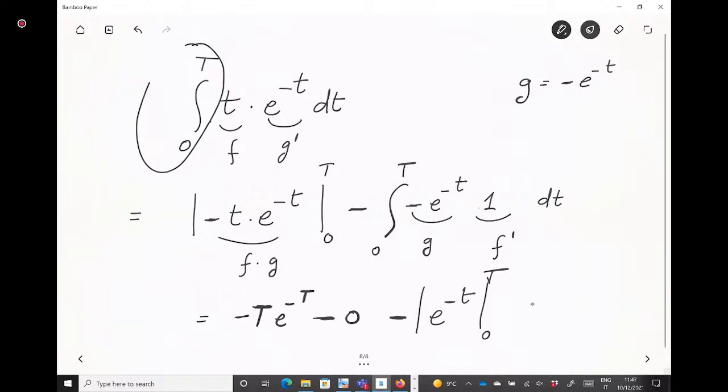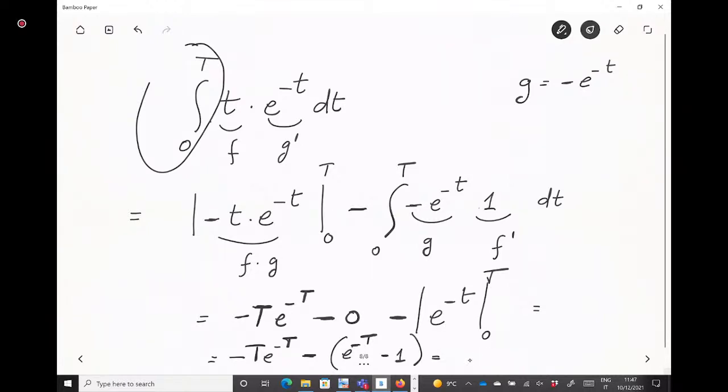Okay, so what we get here is equal to minus t exponential minus t minus, here is exponential of minus capital T minus 1.